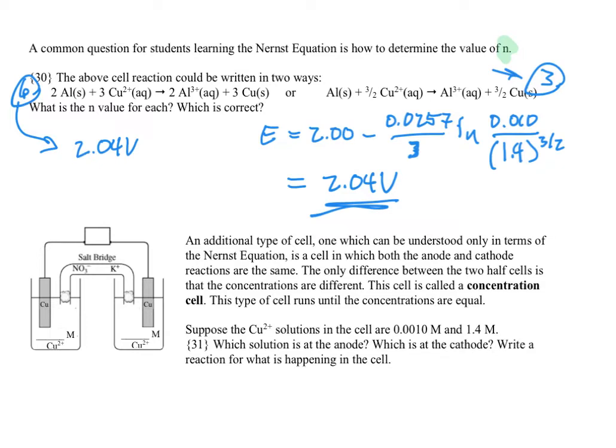Okay, and then this brings us to one more topic that we can talk about for this video, and this is the idea of a concentration cell. A concentration cell is a galvanic cell, except in both the anode and the cathode, we have the exact same ingredients.